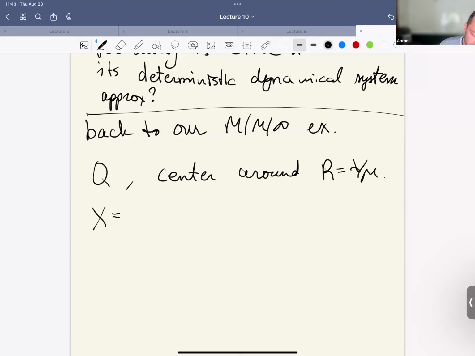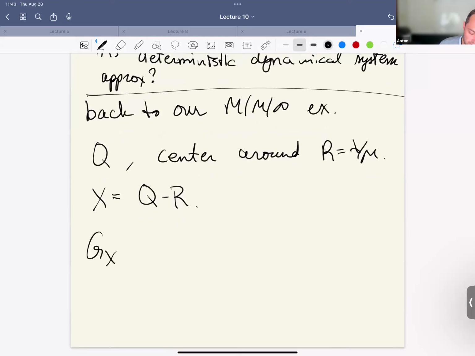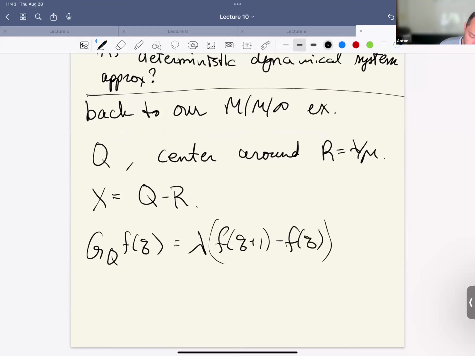So I'm going to have x equals q minus r. I'm going to take the Markov chain generator. Let me even say g of q, f of q. This is going to be the arrival rate, f of q plus 1 minus f of q, plus mu times q, the number of customers, f of q minus 1 minus f of q.